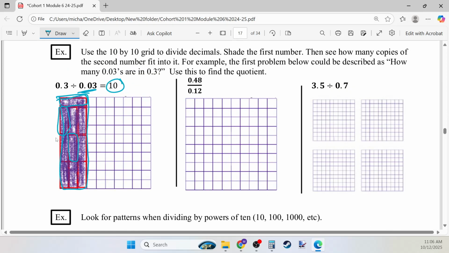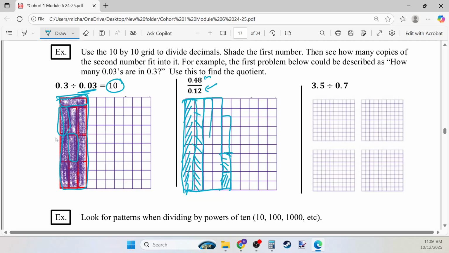This one we have 0.48, so we have 4.4, and there's the 8. We want to divide this into groups of 0.12, so here is 0.1, 0.2 goes with it. There's another 0.1. That 0.2 goes with it.